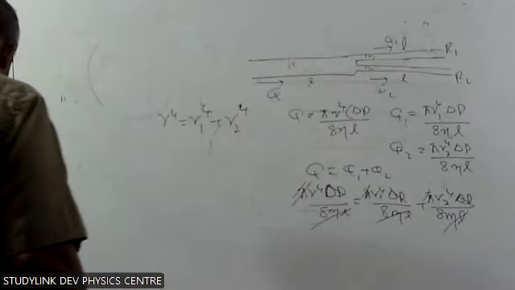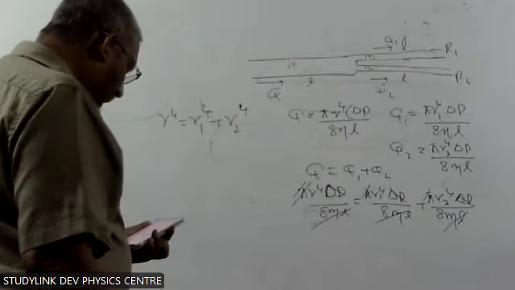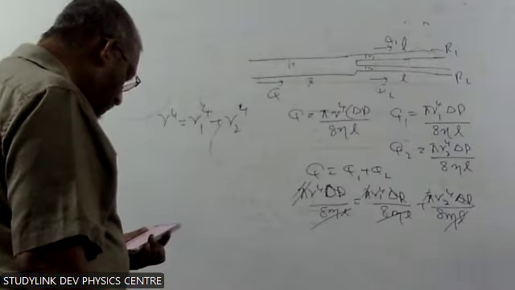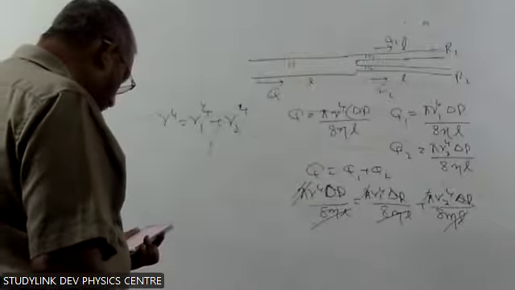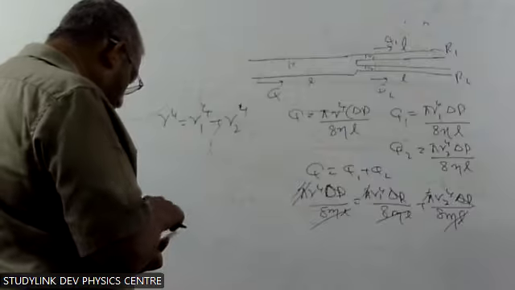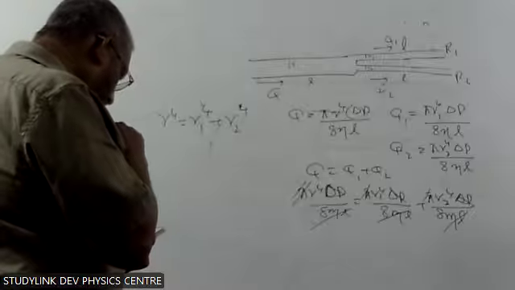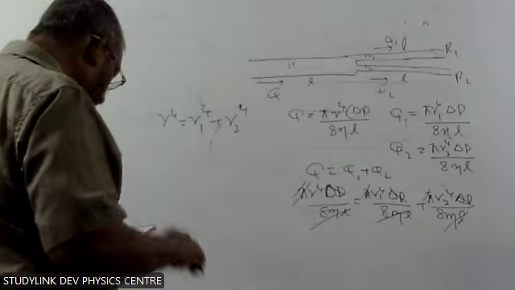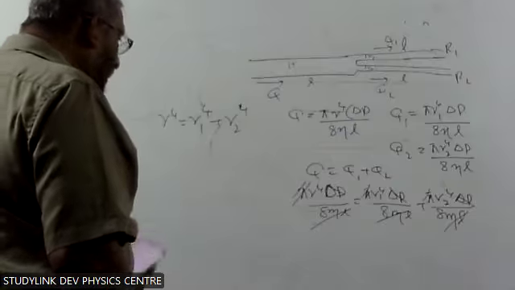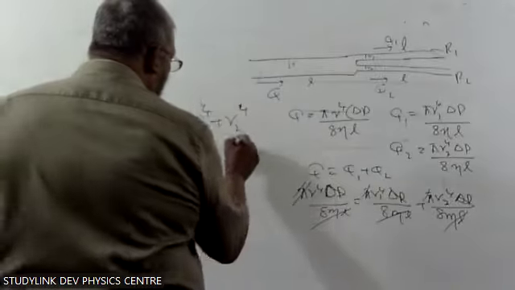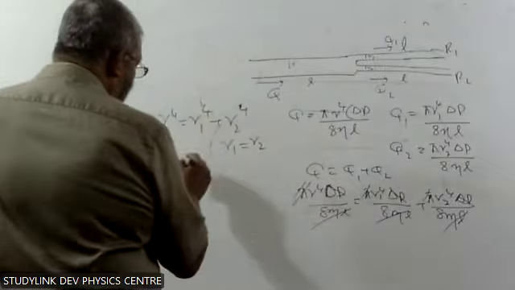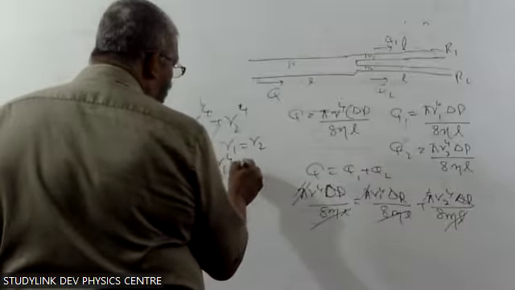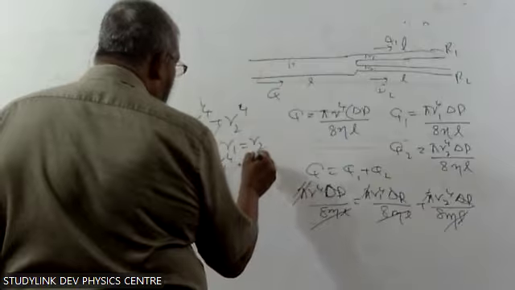In this tube, they say the two have similar length and pressure difference. The length of our smaller tube is 1 kilometer and the pressure difference across the tubes is equal. They are saying similar radii, that means R1 is equal to R2. Then R to the power 4 is equal to R1 to the power 4 plus again R1 to the power 4.